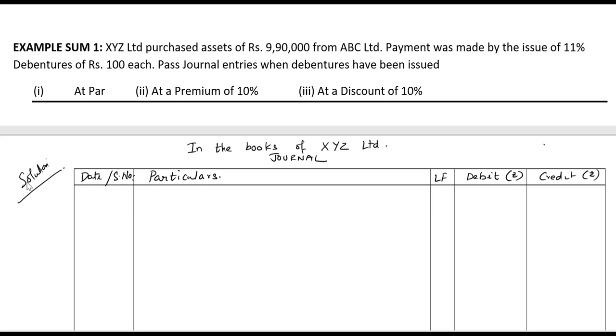Now in all the three cases, the common journal entry is for the purchase of the asset. So we will write that entry first. Common journal entry.